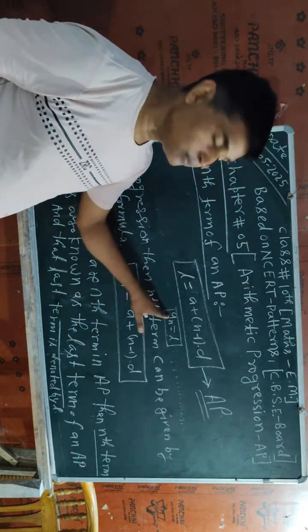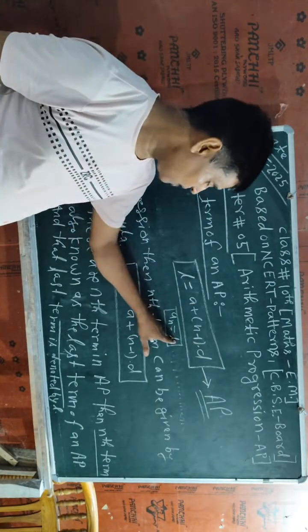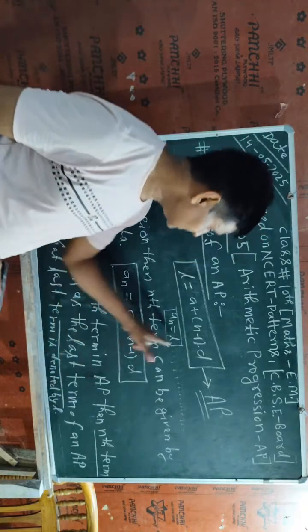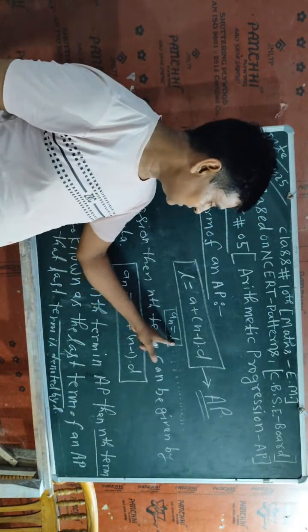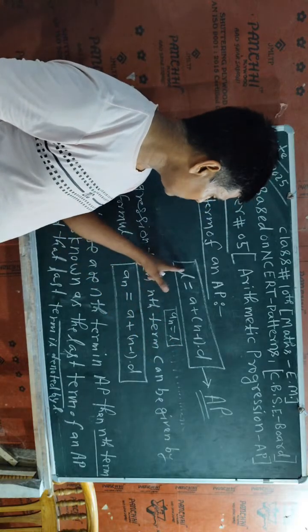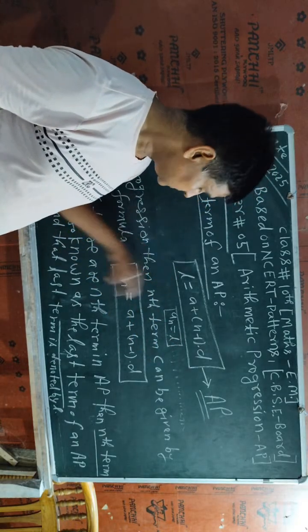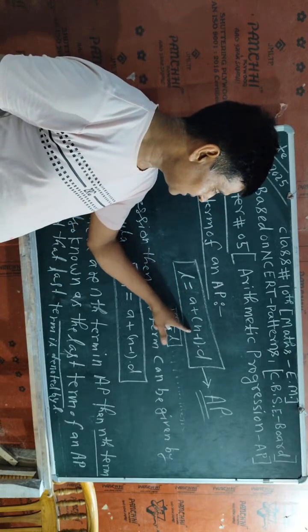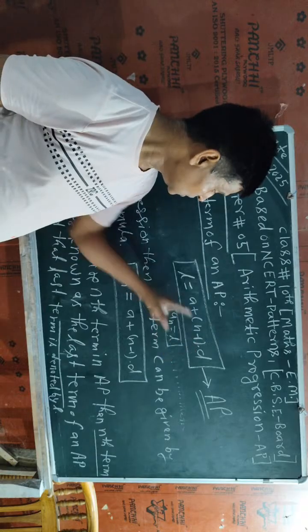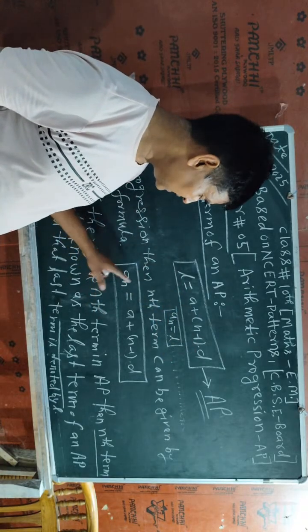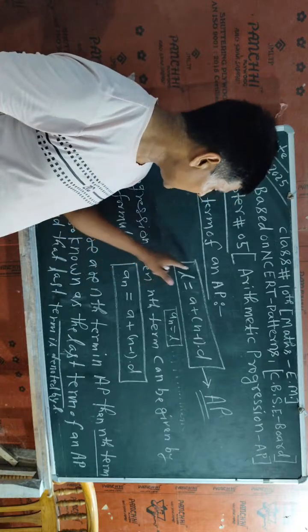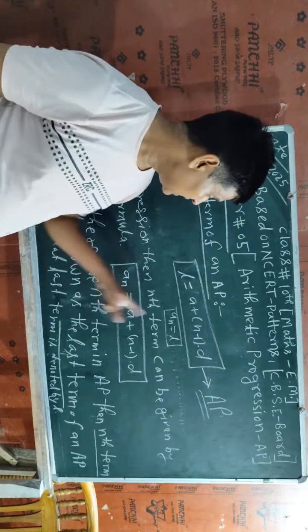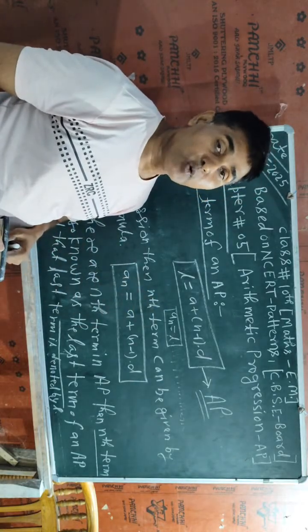That last term is denoted by small l, and the formula is given this way: l is equal to a plus, in the bracket, n minus 1 into d. So the nth term is an and the last term is l. So an is equal to l. The last term and the nth term are both the same.